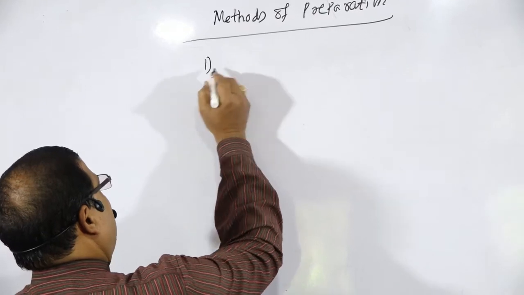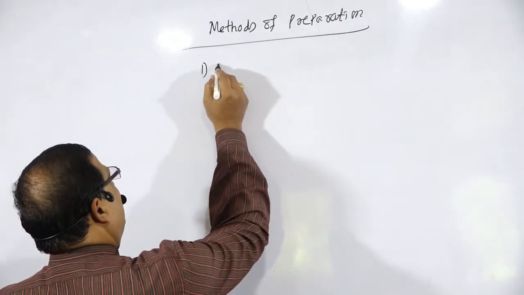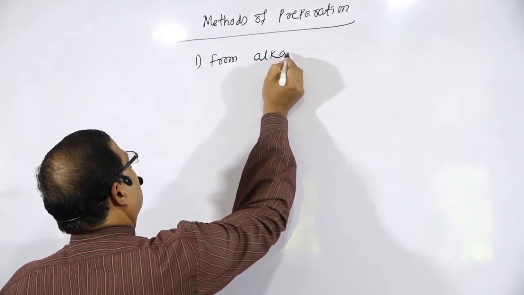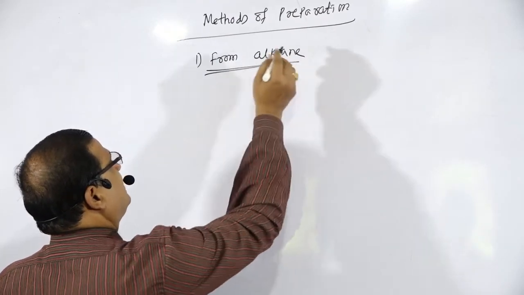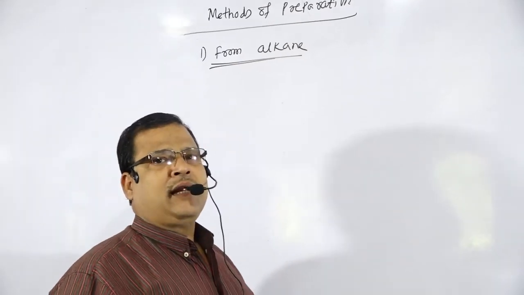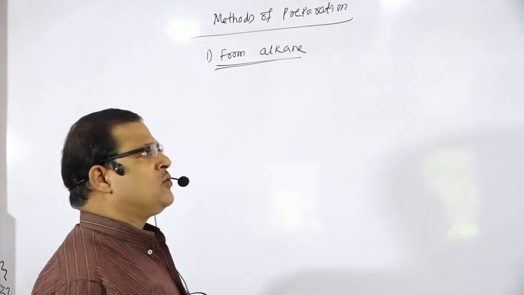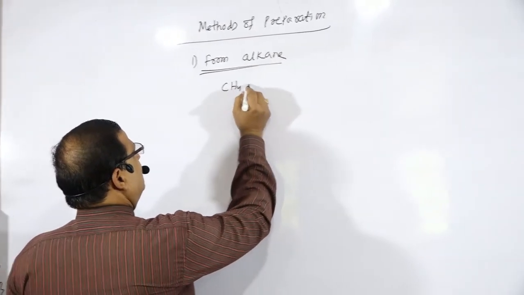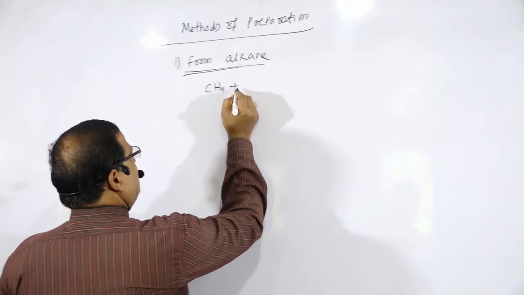So the first one is the method of preparation from alkane. That is the method of preparation of alkyl halide from alkane. Simultaneously we will go for aryl halide also. CH4 plus Cl2.